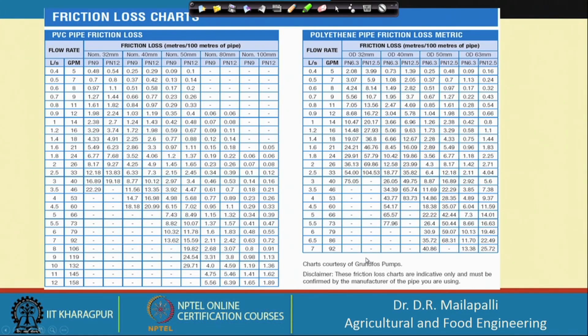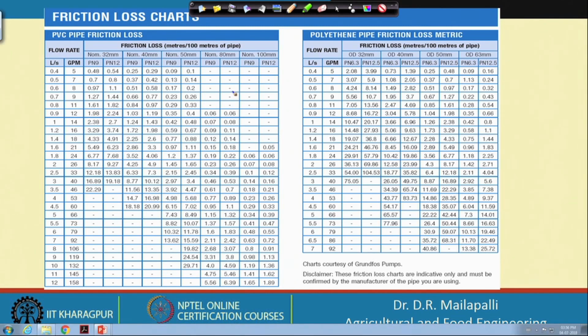Here there is a friction head loss table. Knowing the discharge and the corresponding diameter, you can find out the friction head loss for 100 meter length, and then reduce it to your length.